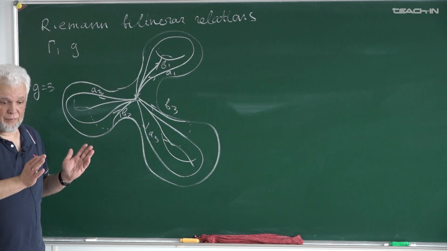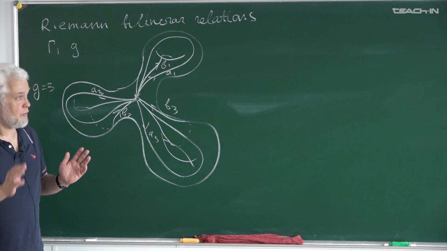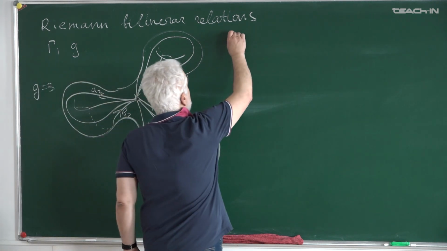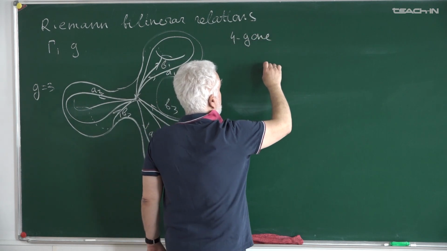If we then, after cutting the Riemann surface along these lines, we obtain the following 4g-gon.